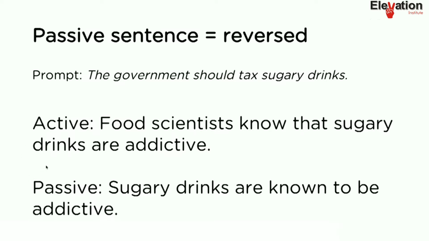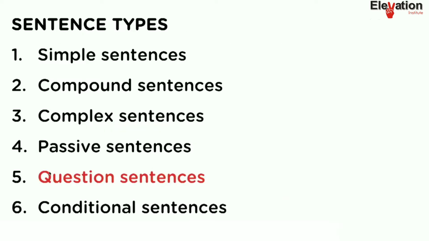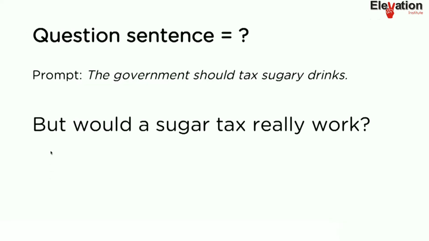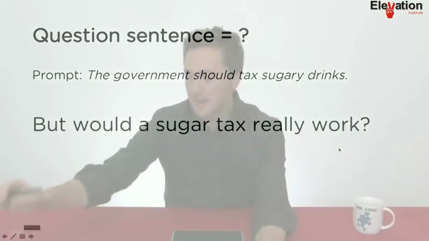So passive sentences are also important in your writing to show variety. Let's have a look at a question sentence. But would a sugar tax really work? My suggestion here is to use one question in your essay. I think they work really well if they're placed properly, okay?